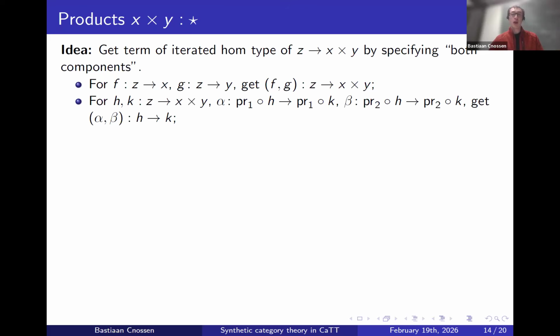And let's also assume we have a way of comparing H and K after composing with the second projection map, let's call it beta. Then we should be able to combine those two into a 2-cell (alpha, beta) from H to K. And now I would like to say, etc. But it might not be immediately clear how you generalize this.